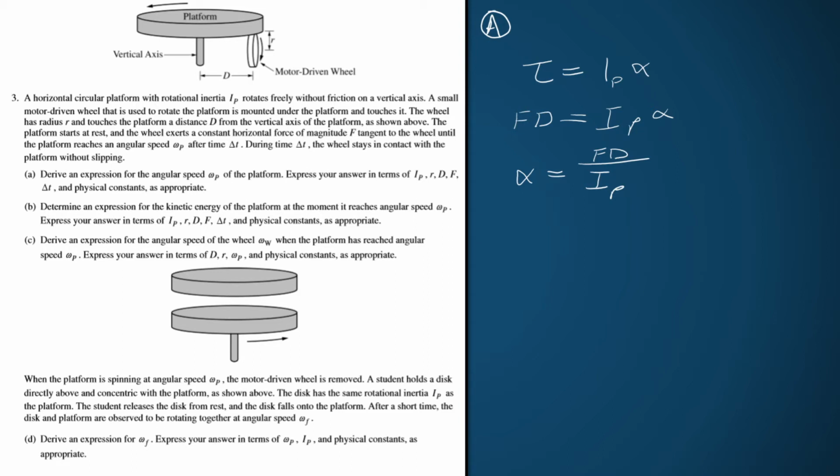So omega p over delta t is alpha, and also equal to F D over I. So omega p is equal to F D delta t over I.